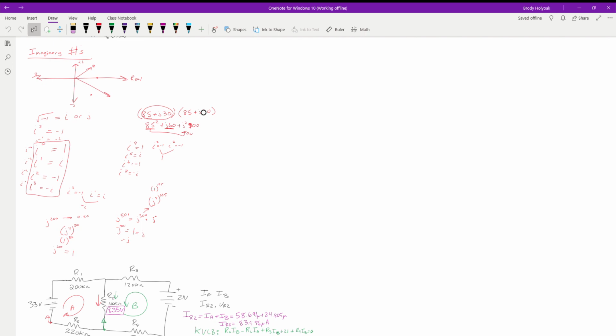Okay? We can't mix. So 85 units of water, 30 units of oil. We're going to add that to another 85 units of water and 30 units of oil. When we mix them together, we get the 170 units of water and 60 units of oil. And we'll see that those are separated.